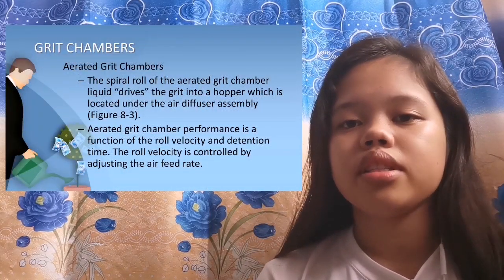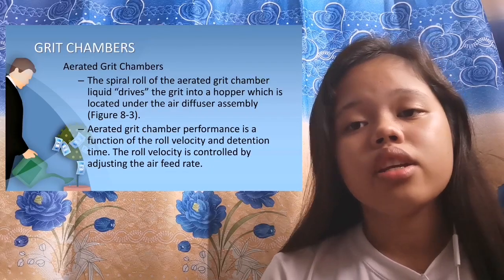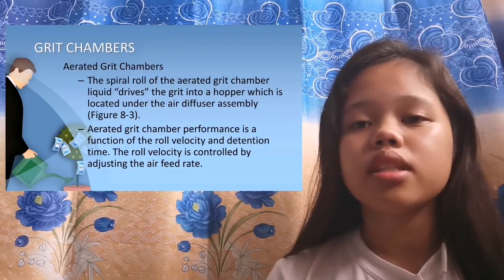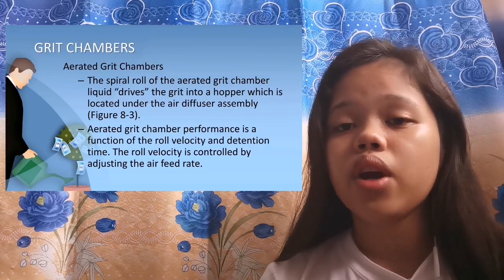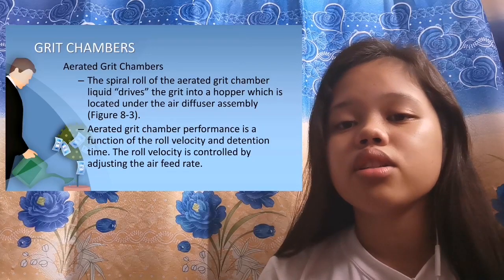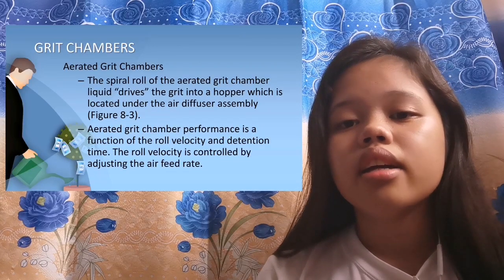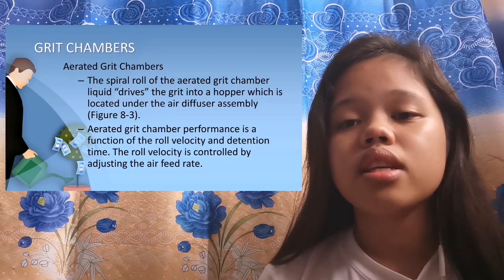Aerated grit chambers. The spiral roll of the aerated grit chamber liquid drives the grit into a hopper which is located under the air diffuser assembly, as shown in Figure 8.3. Aerated grit chamber performance is a function of the roll velocity and detention time. The roll velocity is controlled by adjusting the air feed rate.